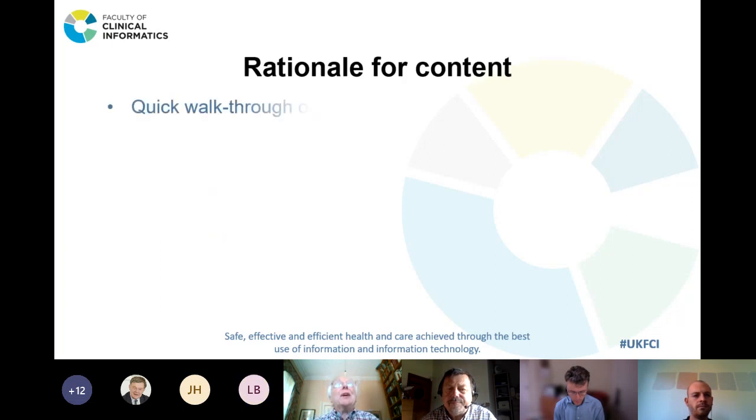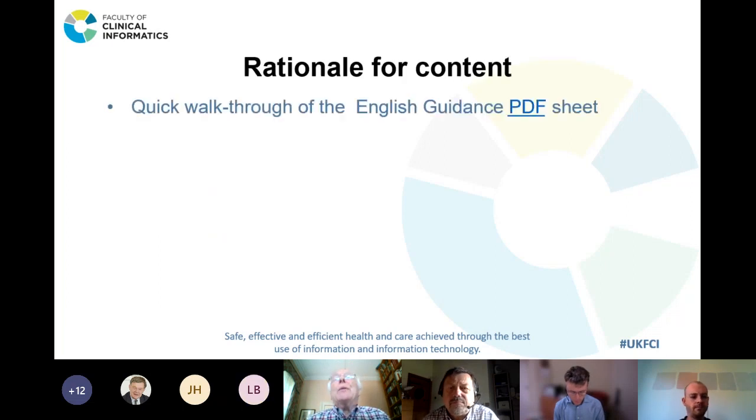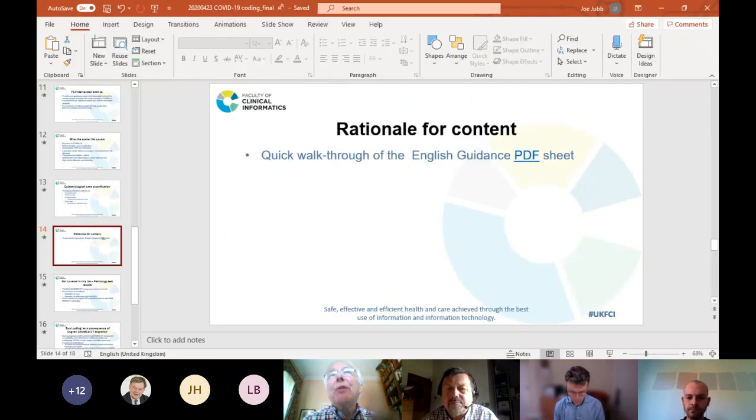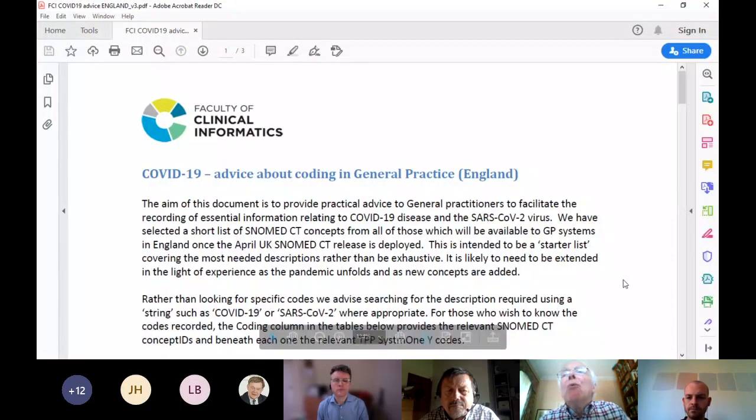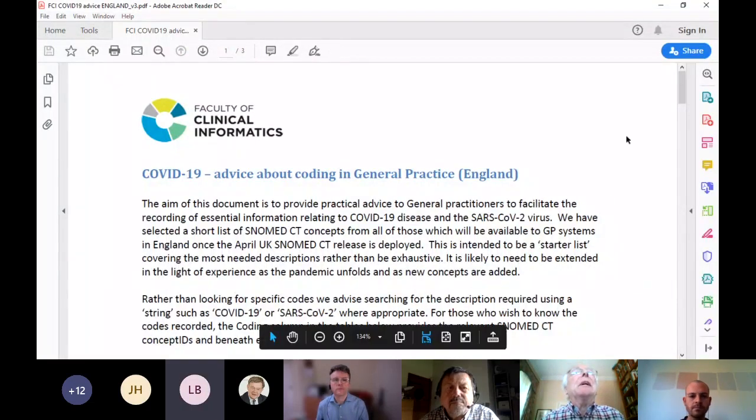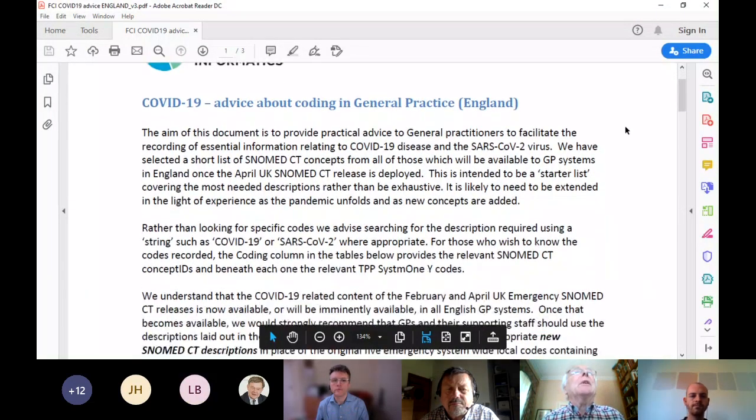Can I go to the next slide? Then we thought it might be helpful to give a little bit of a rationale for the content here and why we did it. So Joe's going to now just quickly load up the English guidance sheet. I'll just quickly run through that, if I may. It's got a little bit of wording at the front just to explain what it's about.